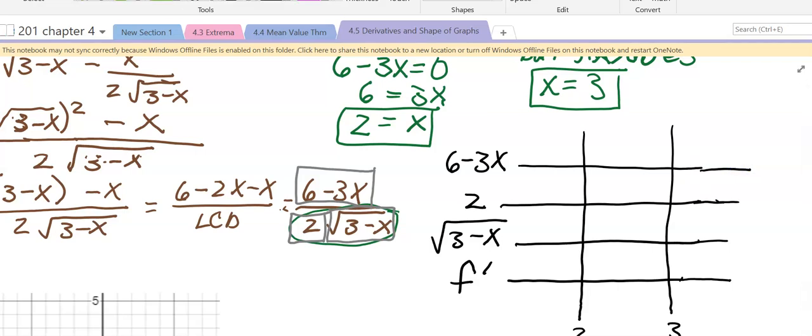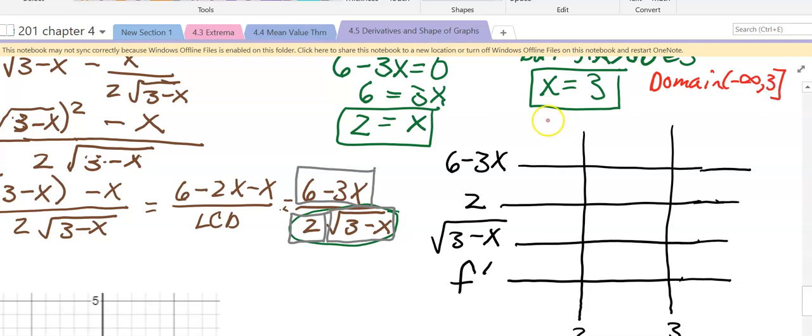Now let's find some test points for each of those regions. What is a good number that is to the left of 2 and is in the domain of the function? Remember that the domain of the function, which I'll rewrite up here just to make sure you remember, is from negative infinity to 3, closed.